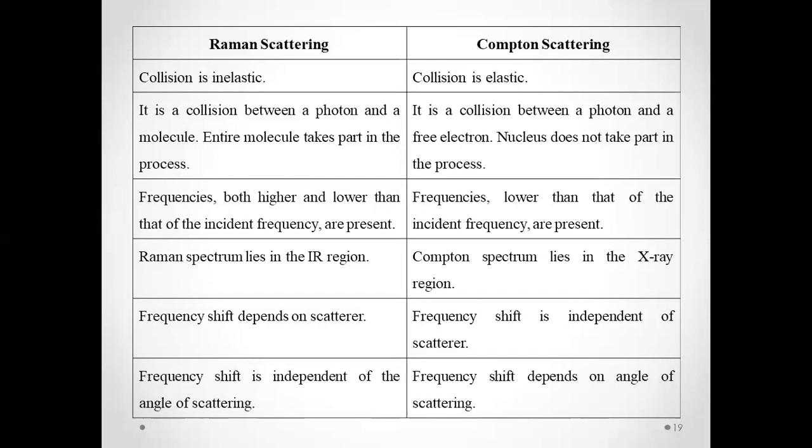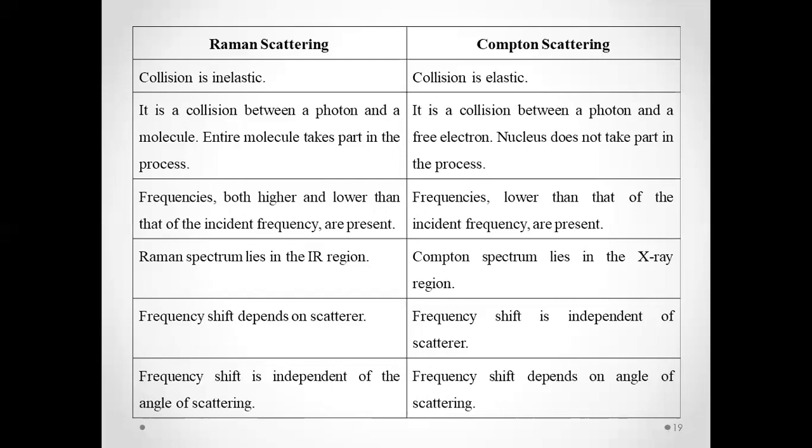Raman scattering is a collision between a photon and a molecule, and the entire molecule takes part in the collision process. In case of Compton scattering, there is collision between a photon and a free electron only, but the nucleus does not take part in the process of collision.